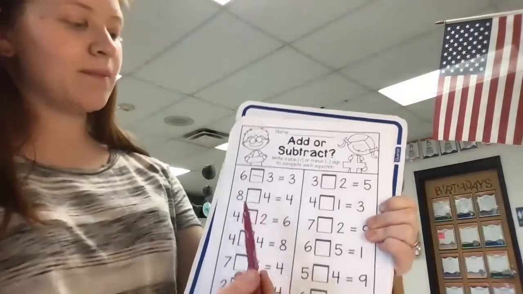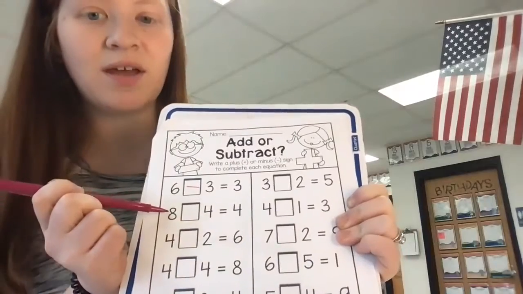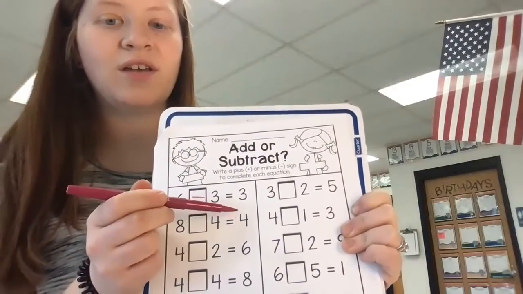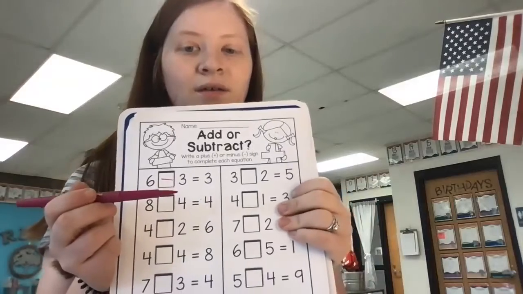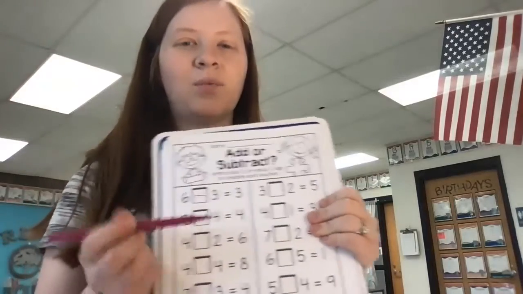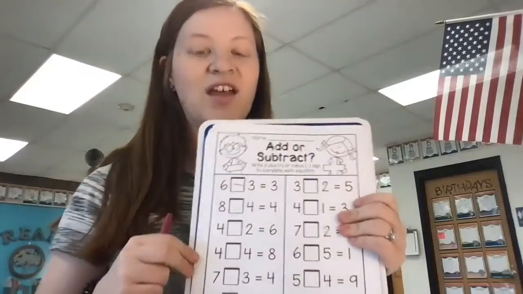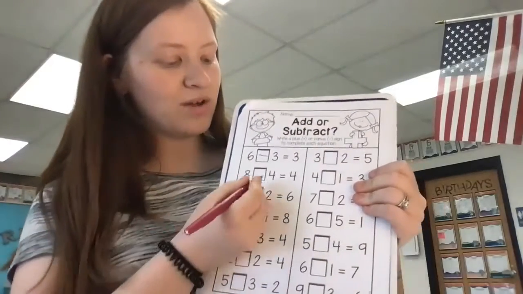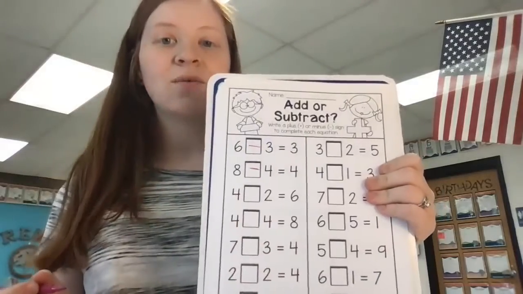We started out with an 8 and we ended with a 4. Did our number get bigger or smaller? That's right, it got smaller. And we know that when we subtract, our numbers get smaller. So we are going to think to ourselves, I think a take away sign would work.